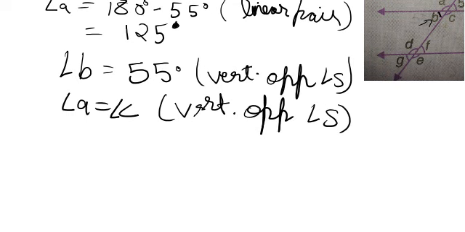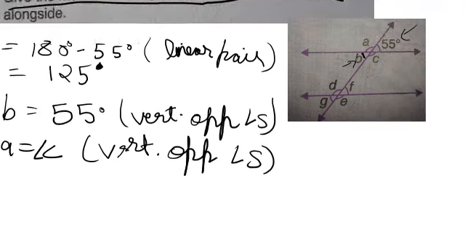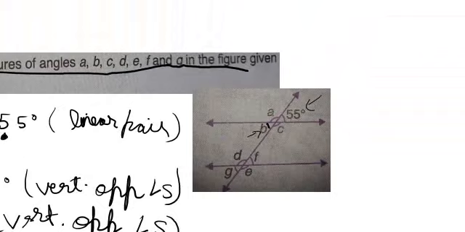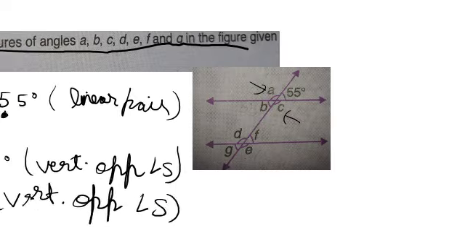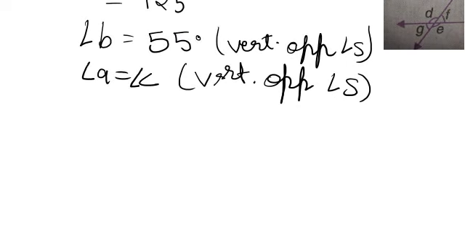See over here, this is our angle A and angle C. Both of them are vertically opposite to each other, so they are lying opposite to each other. This means that their measures will be equal. So this we write as angle C equals to 125 degrees, because A is 125 degrees, right?